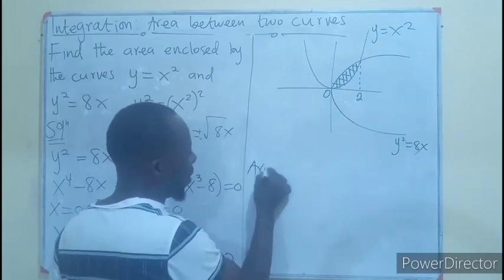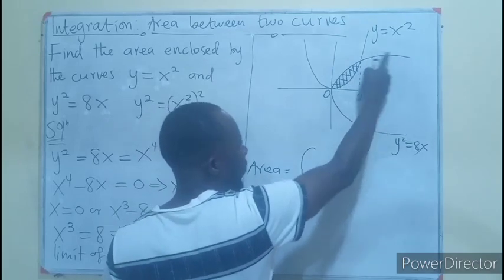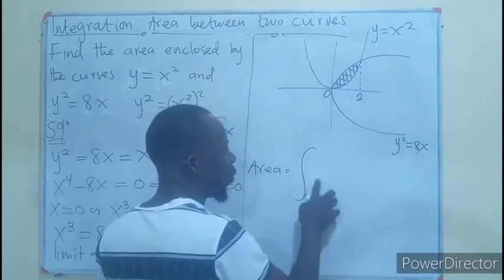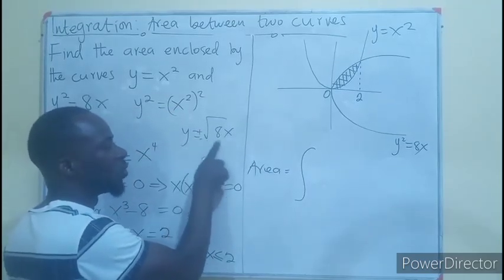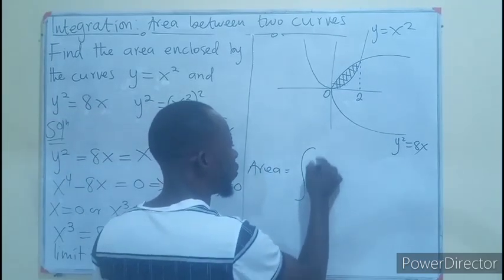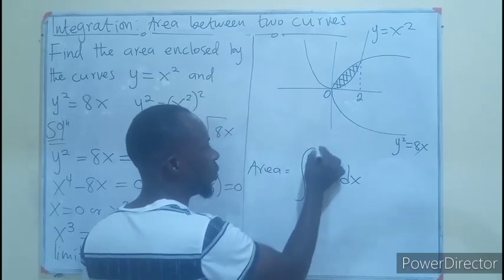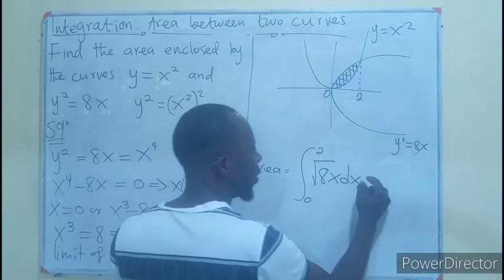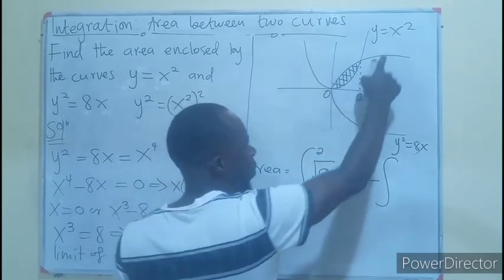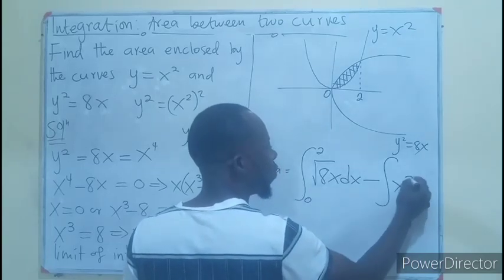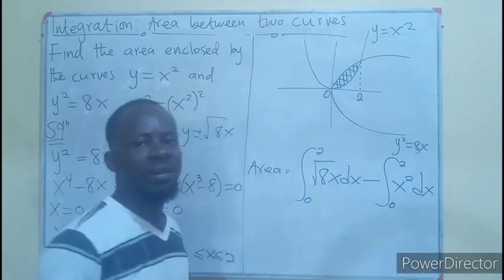So our area will now become the integral of the above curve, which is supposed to be y dx, but this is square. So we are going to have y equals the square root of 8x dx from 0 to 2, that's the interval, minus the integral of the below curve, y equals x squared from 0 to 2 dx.